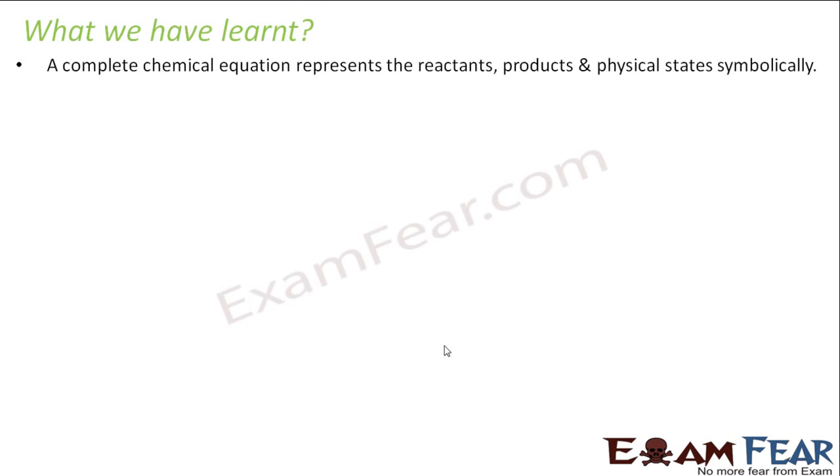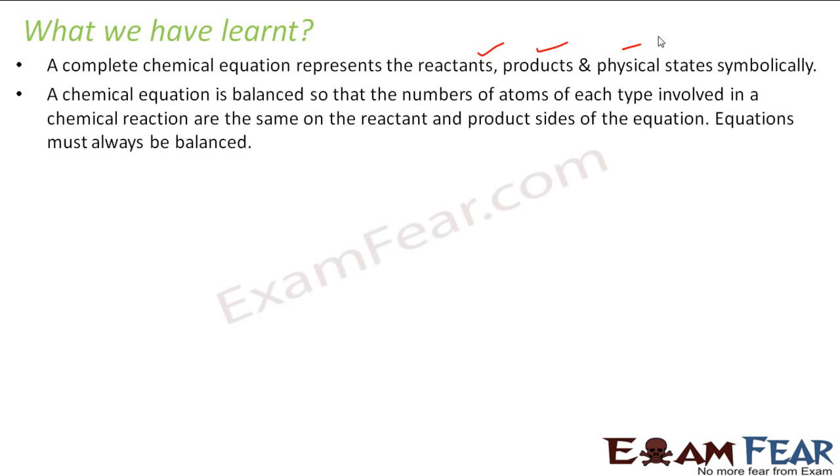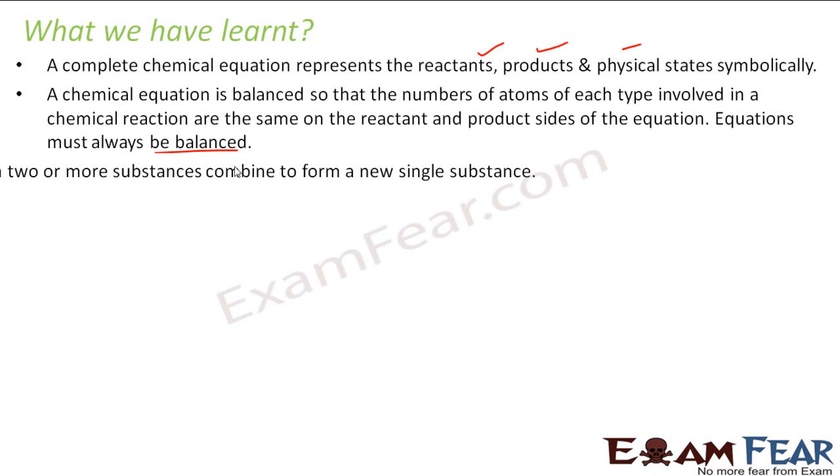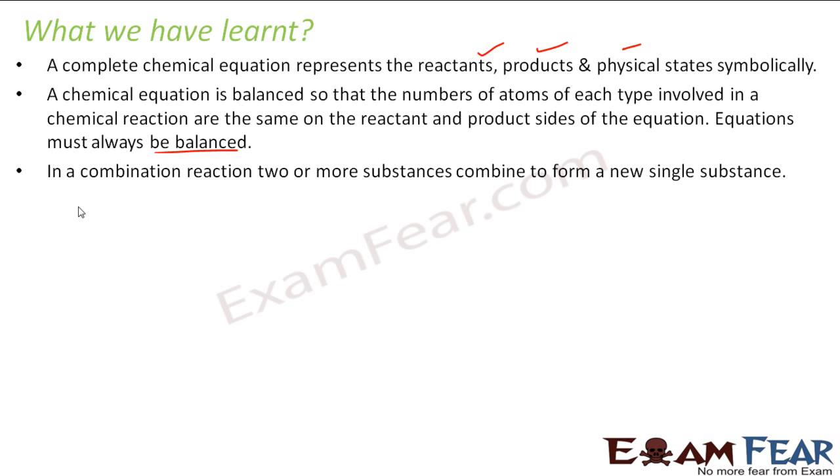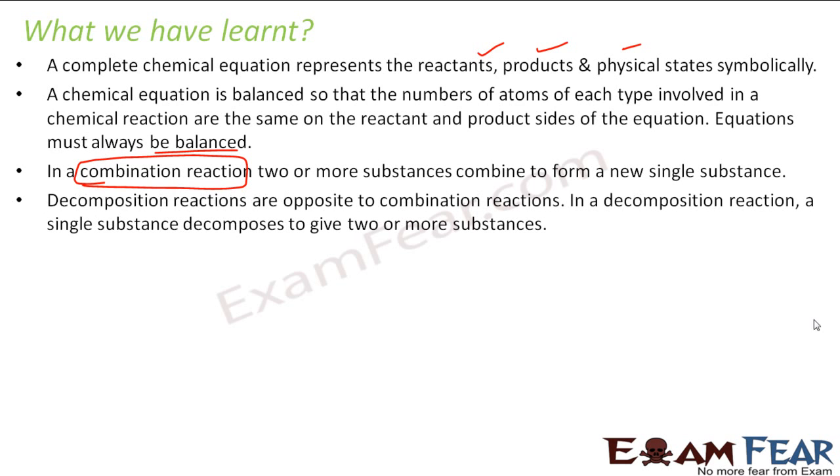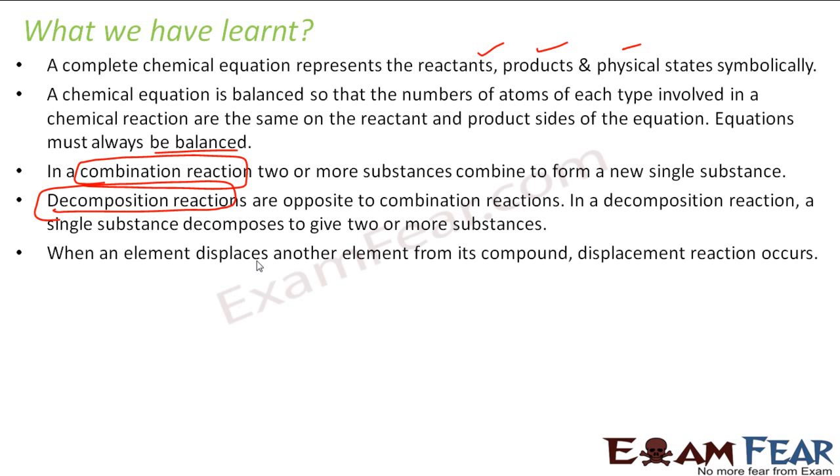So what we have learned: the chemical equation represents reactants, products and physical states symbolically, and it has to be balanced always, by the law of conservation of mass. In a combination reaction, two or more substances form a single compound. In a decomposition reaction, one compound breaks into two or more substances. In a displacement reaction, one element displaces another.